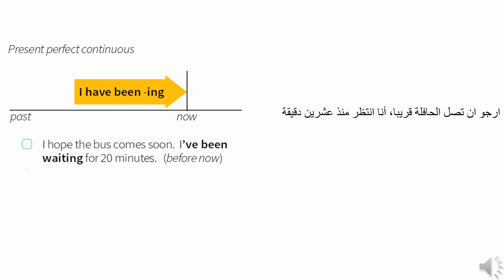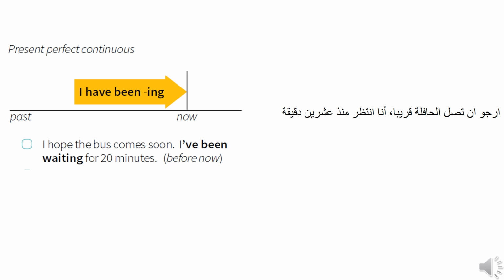I've been waiting for 20 minutes before now. So our action started at a specific point in the past and it continues till this moment, and so it has a kind of result and effect till right now.